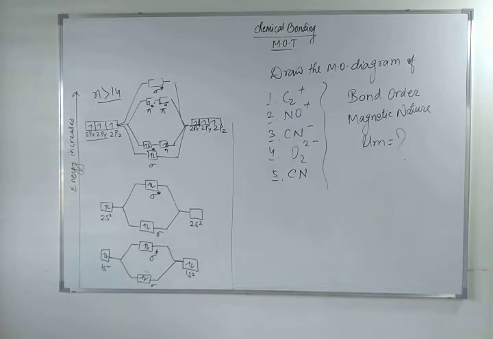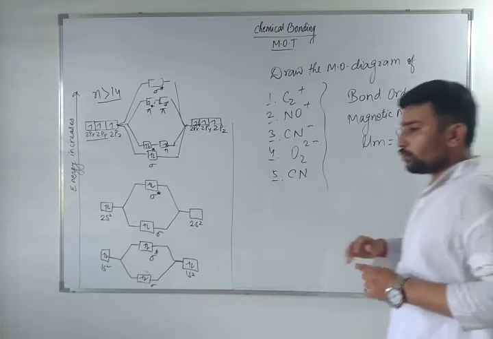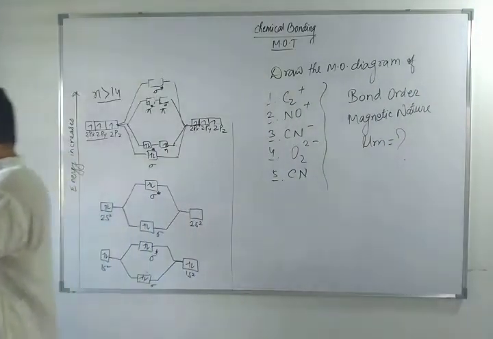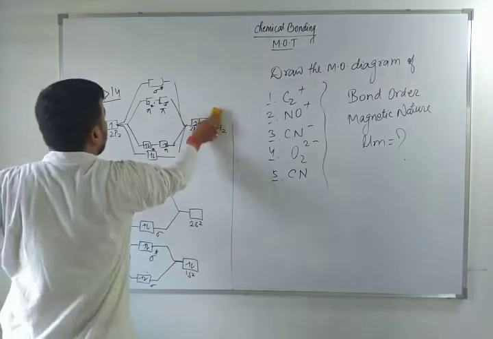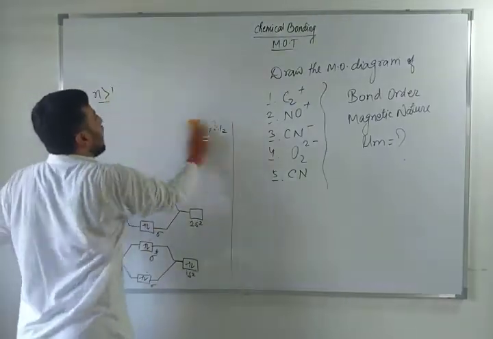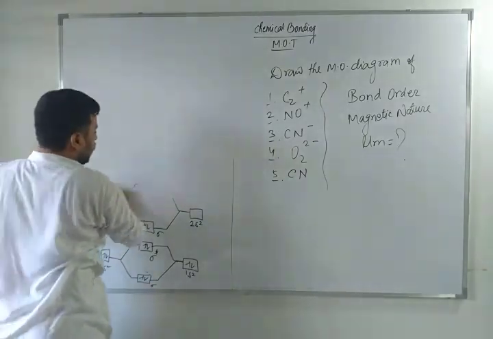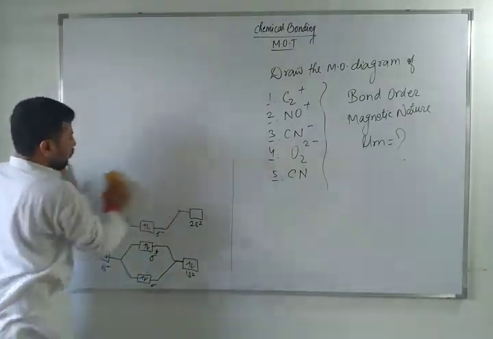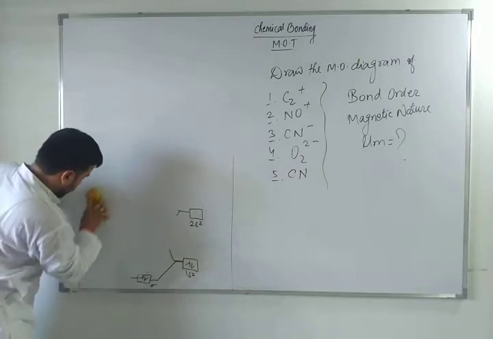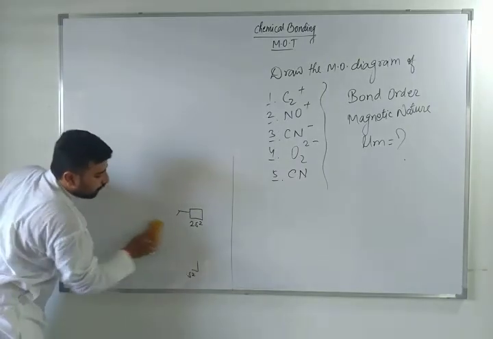So let's discuss our new topic, hydrogen bonding. What is hydrogen bonding, why does hydrogen bonding occur, and how many types of hydrogen bonding are there? First of all, you all know covalent bond. What is covalent bond?